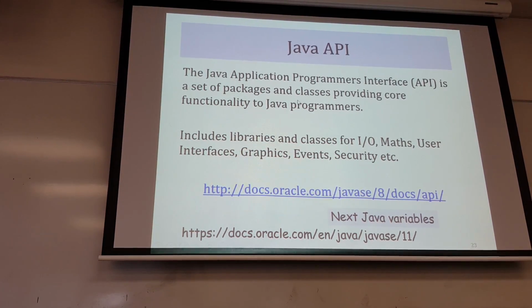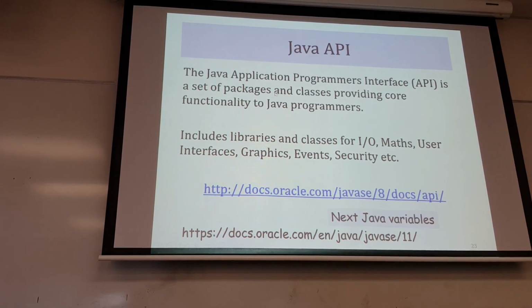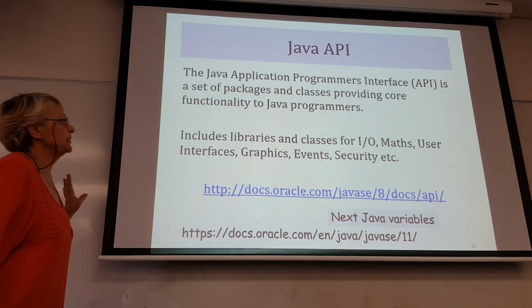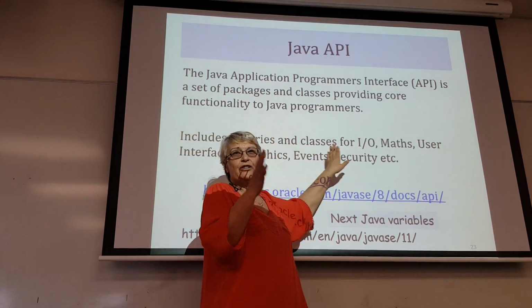Right, so we will see what packages are, and I showed you how to browse the API a little bit. We looked at that information provided by the Java language system about the Java language. There are zillions of classes, graphics, events, security.